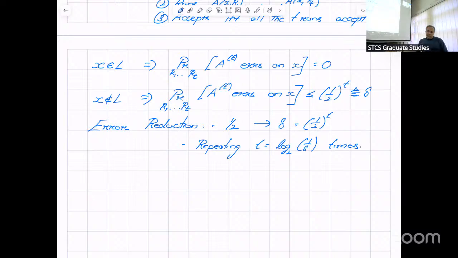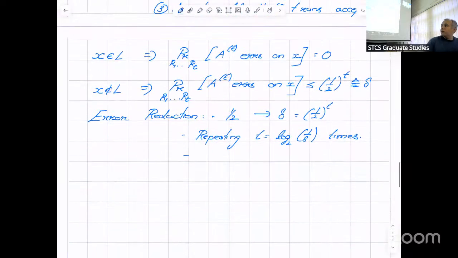Okay. So if the original number of random coins was R, how many random coins are you using now?